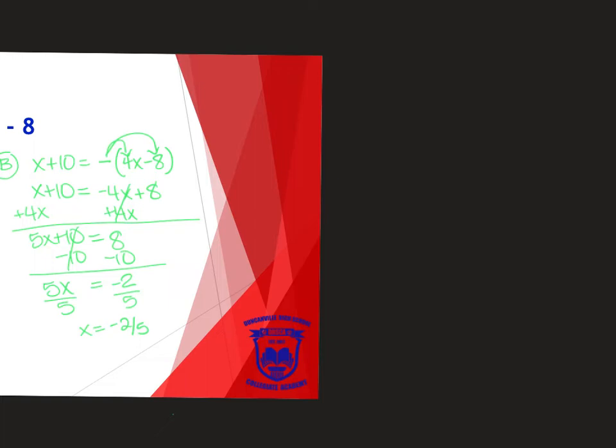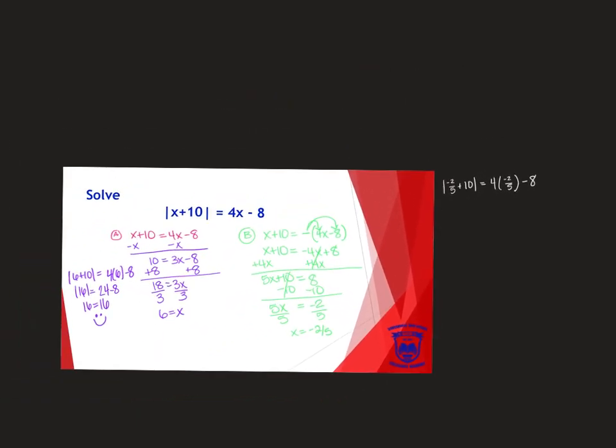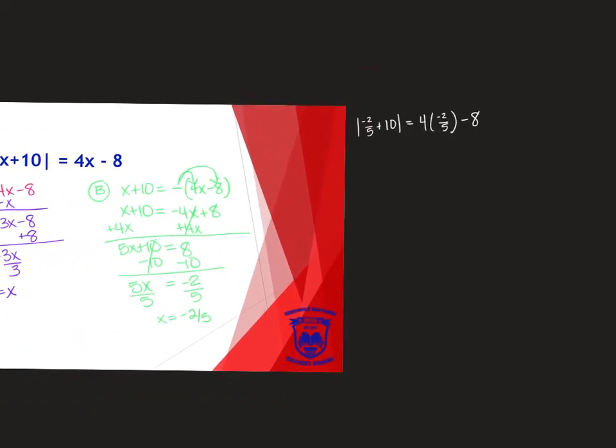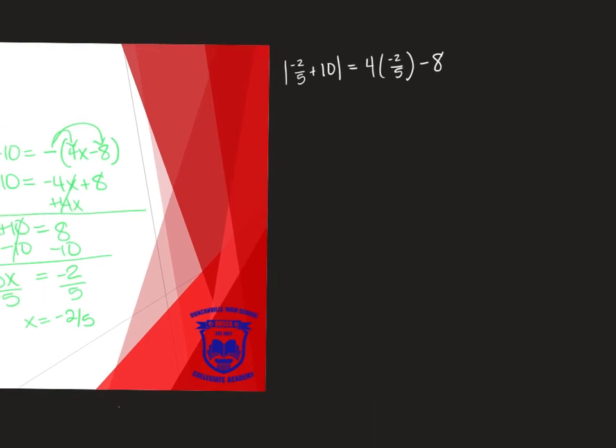All right, so the absolute value of x, which is negative 2 over 5, plus 10 is equal to 4 times negative 2 over 5 minus 8. Let me just check that to make sure I got it right. Okay, perfect.